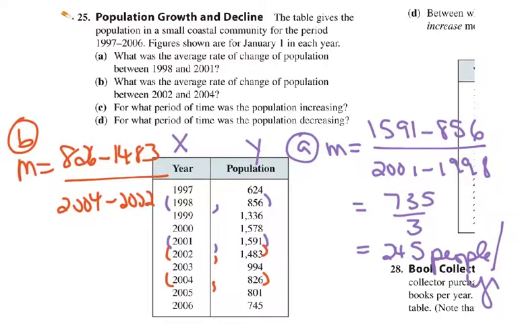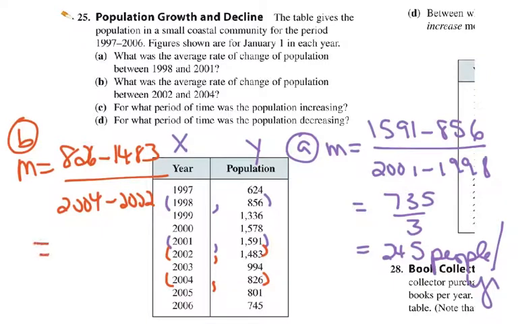You can probably tell right away you're going to get a negative answer. In Part A, from 1998 to 2001, you can clearly see that the numbers were going up. That means you should get a positive answer. But from 2002 to 2004, the population's going down. So I expect to get a negative.